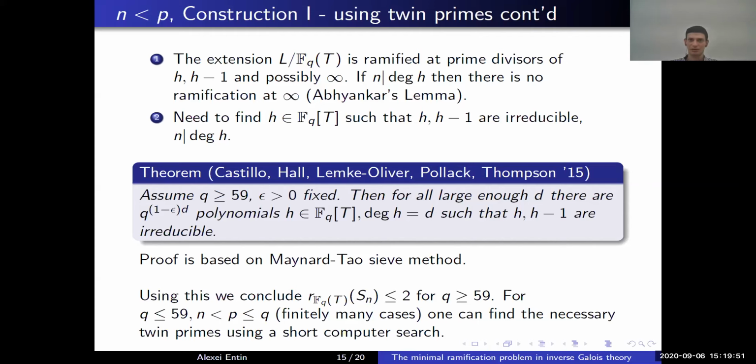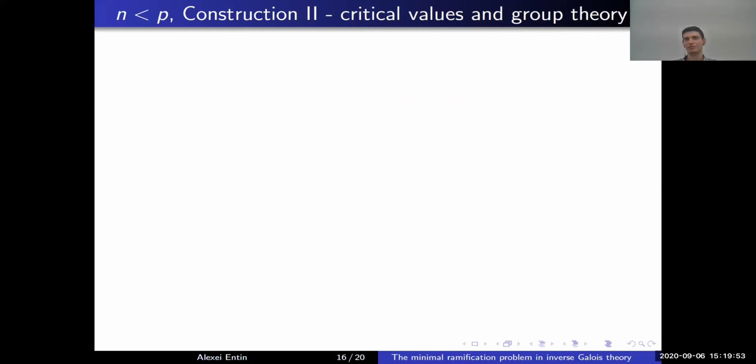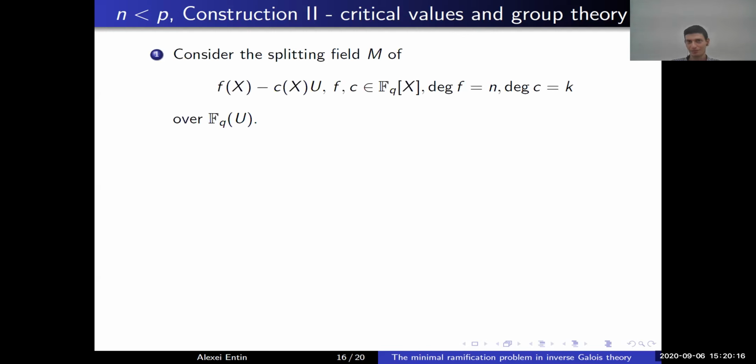Okay, so let me now move on to the second construction for p bigger than n. This is a somewhat different idea, which instead of the Maynard-Tao method uses different heavy artillery, probably even heavier artillery, in the form of the classification of finite simple groups and its corollaries. So we consider now the splitting field of a polynomial of the form f(x) minus c(x) u.